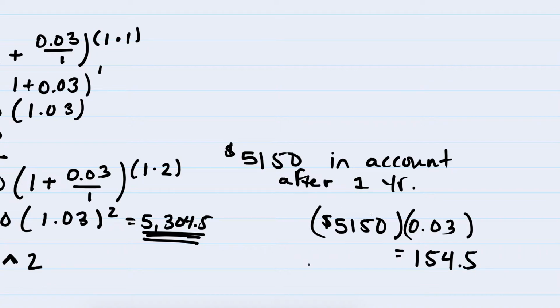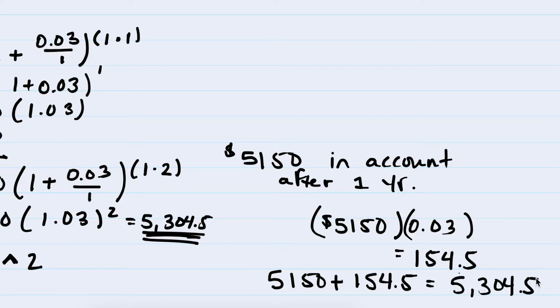So we have the original $5,150 in the account, plus this $150 from the $5,000 we get in interest, and then this extra $4 because we get that extra $4 from earning interest on the $150 that we put in the account. So if you add these together, it gives you 5,304.5. I hope that makes sense.